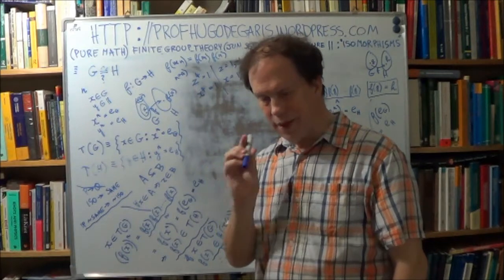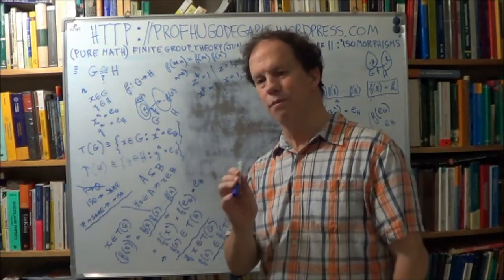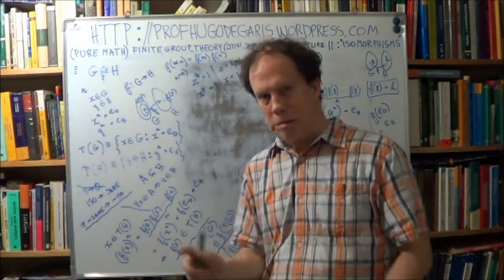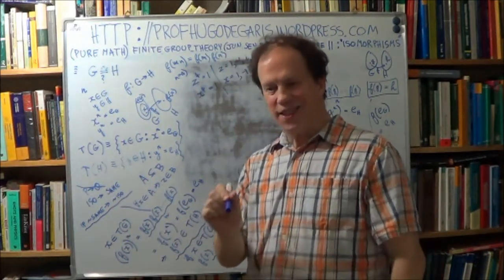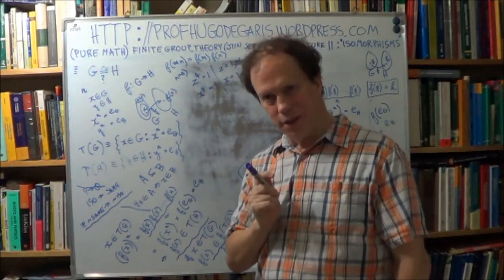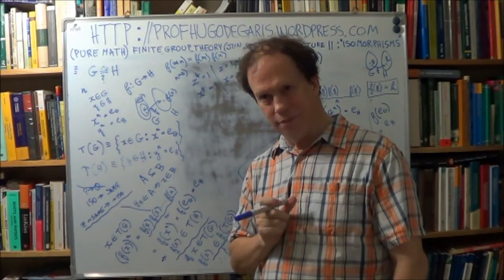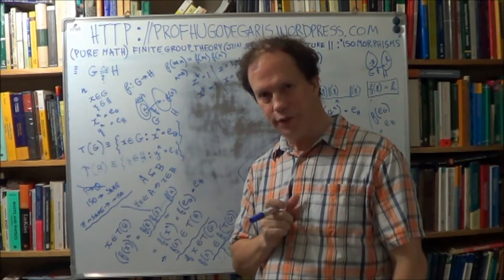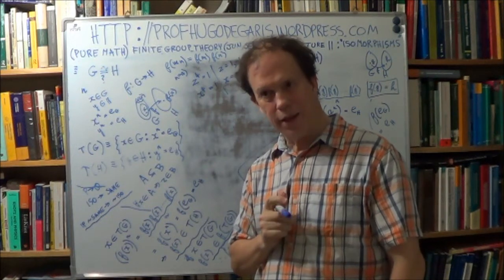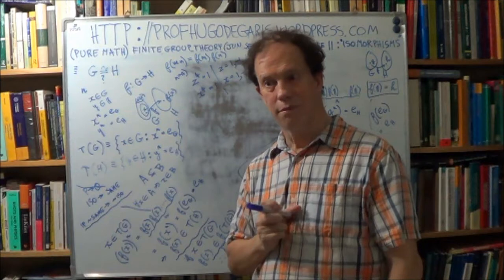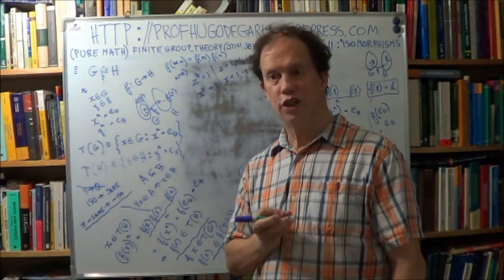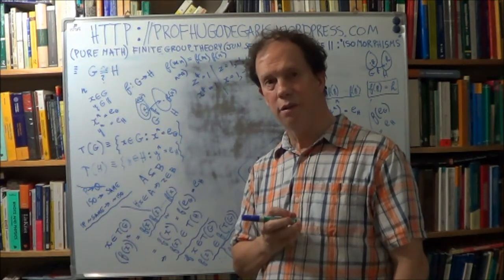Now, the largest of those so-called simple groups is the monster. The monster, its order, is of the order of about 10 to the power 53. That is 100,000 trillion trillion trillion trillion elements.